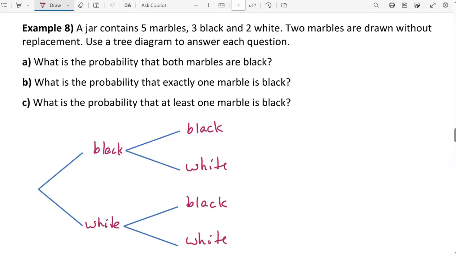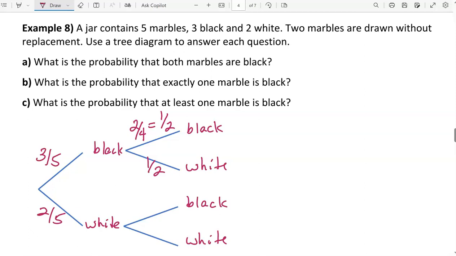Now the first time that I draw, we have 5 marbles total, 3 are black. So that means we have a 3/5 chance of drawing a black marble, 2/5 chance of drawing a white marble. Once we've already drawn the black marble, then there are only 2 black and 2 white left, so drawing another black marble has a 2/4 or 1/2 chance, and drawing another white marble has a 1/2 chance as well.